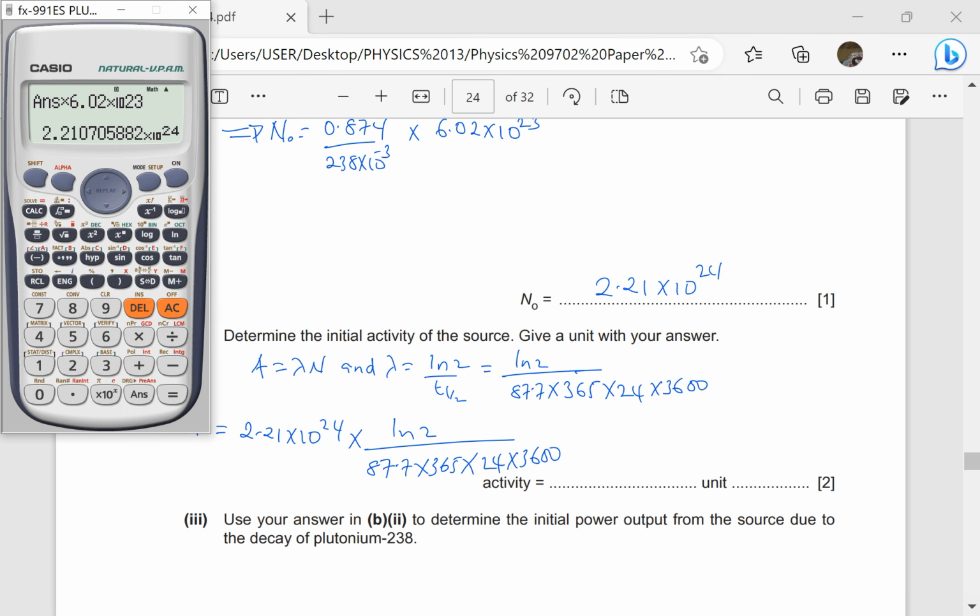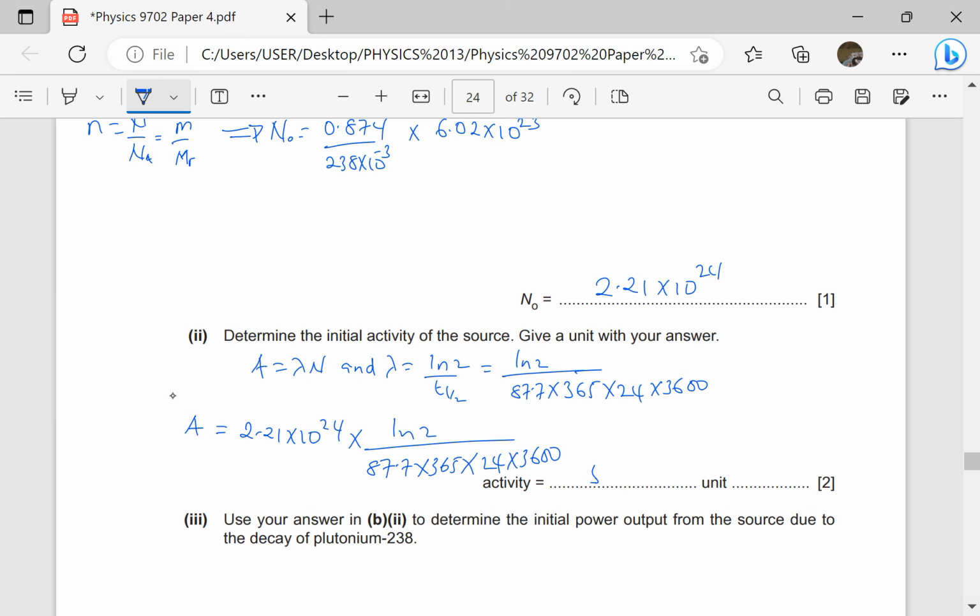So I'll press my calculator: 2.21 exponent 24 times ln of 2 divided by, open brackets, 87.7 times 365 times 24 times 3,600. So I'm getting the activity as 5.54 times 10 power 14. So this is 5.54 times 10 power 14.